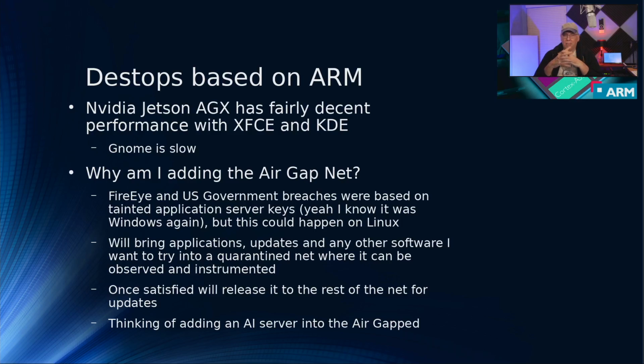But on Monday, FireEye reported that they had been breached, and a number of other government entities had reported that they had been breached as well. The breach goes back to, I think, either May or June of 2020, so it went undiscovered for a long time.